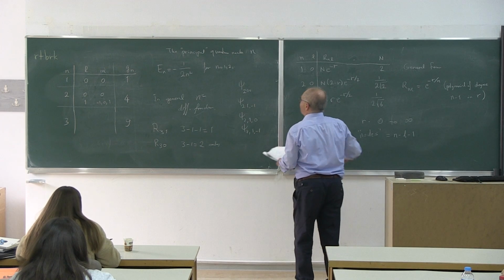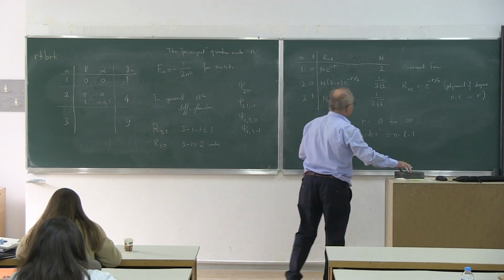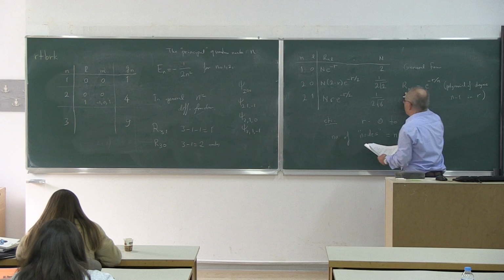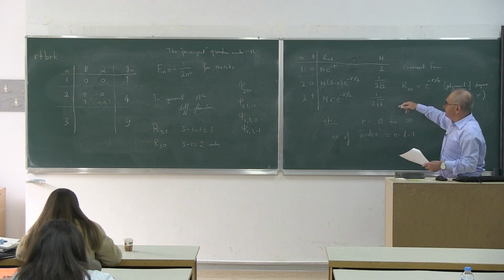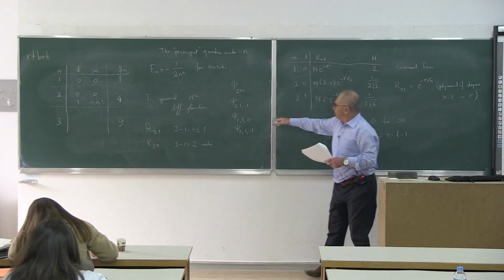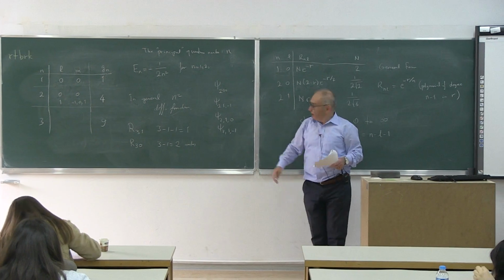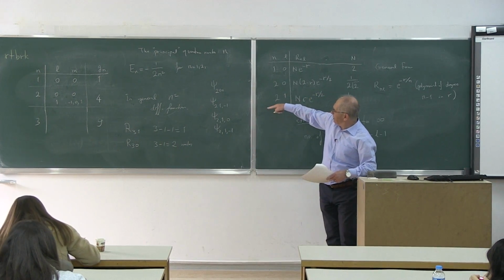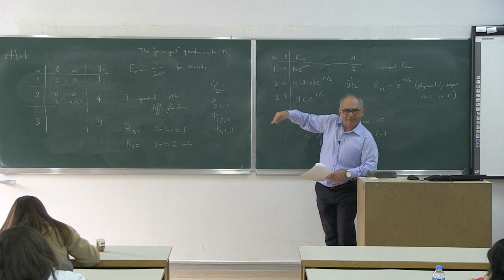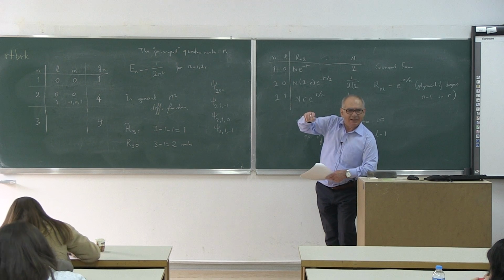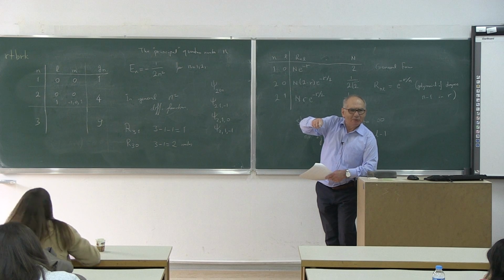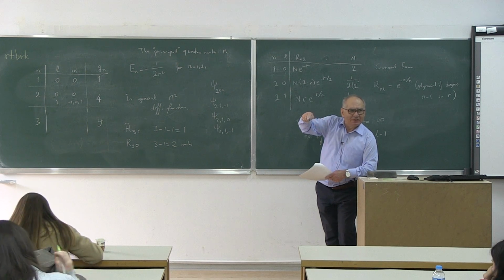In labeling our functions, both the radial function and the complete function, using 3 numbers there sometimes can be confusing. We may be confused about which one is n, which one is l, which one is m.